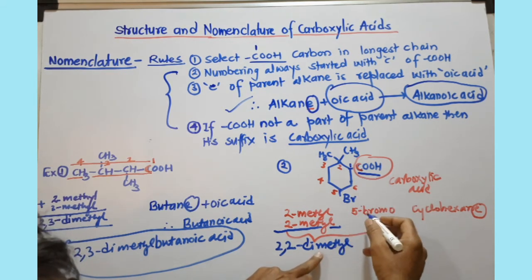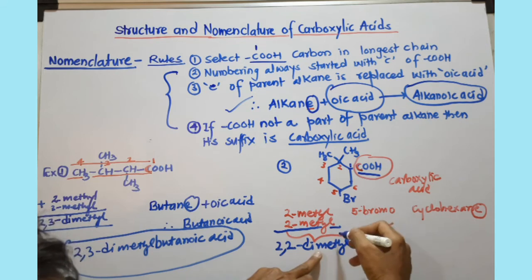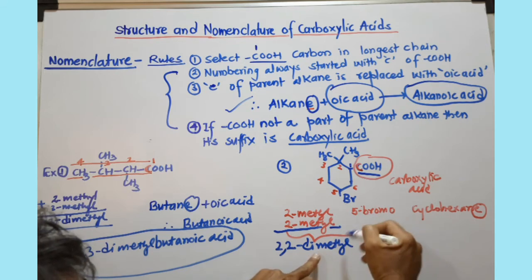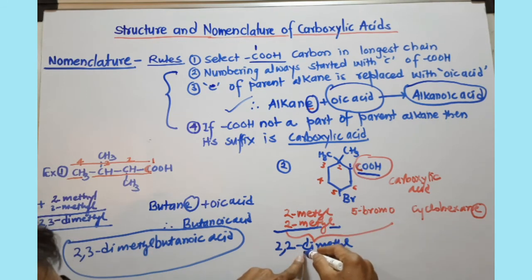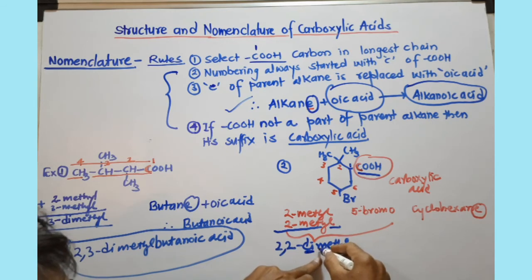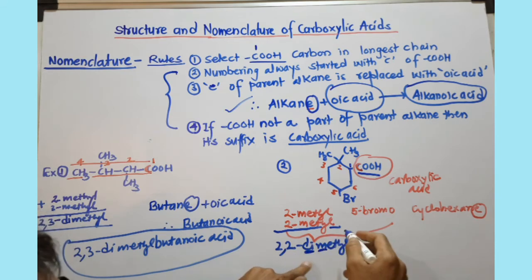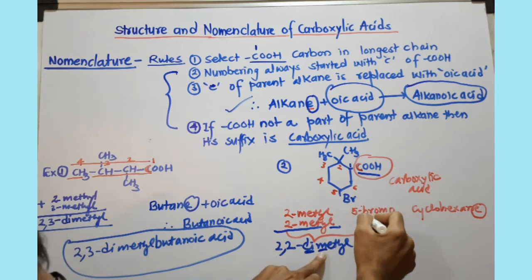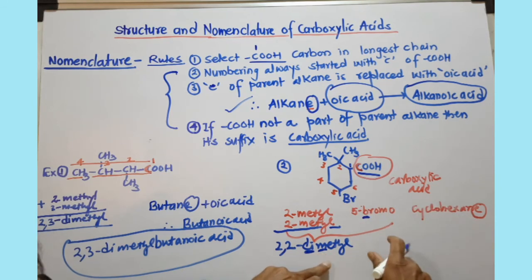For arranging the substituents in alphabetical order, you cannot use the prefix di for the arrangement. The first letter is M and not di, because this is a prefix we are using. So you have to compare M with B. Obviously B will come first.